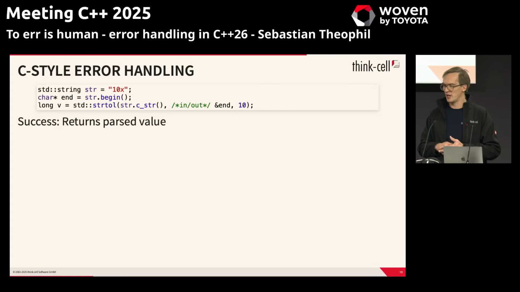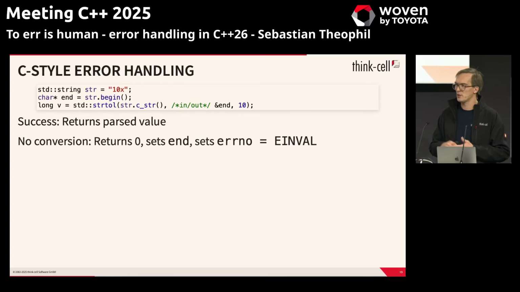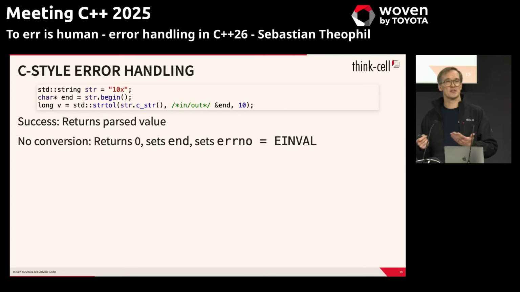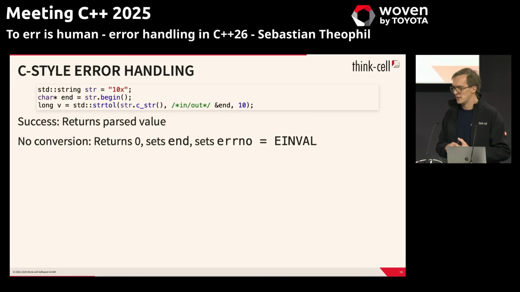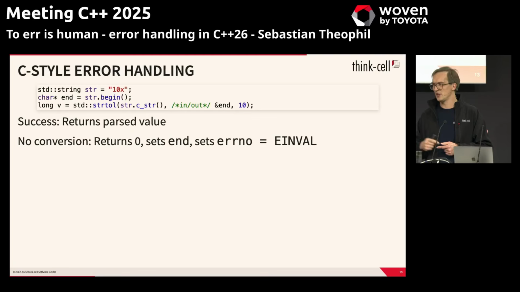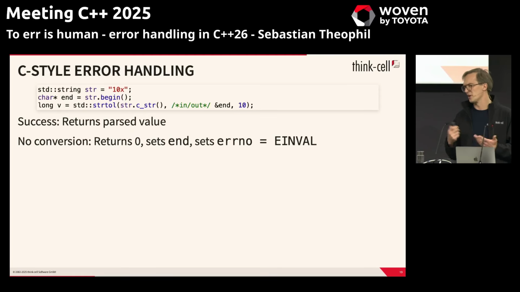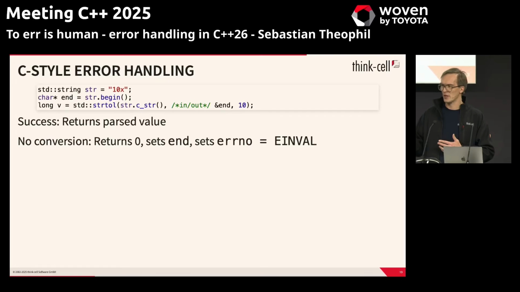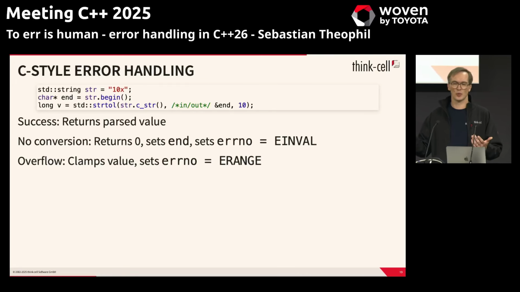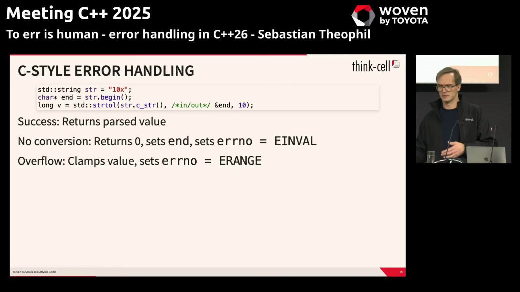But we're interested in the error cases. So if there was no conversion, it returns 0, as if this weren't a valid long. It also sets the end pointer, and it sets the error variable to EINVAL for invalid value, invalid input, maybe. There's an overflow case where your output will be clamped and an error variable will be set.